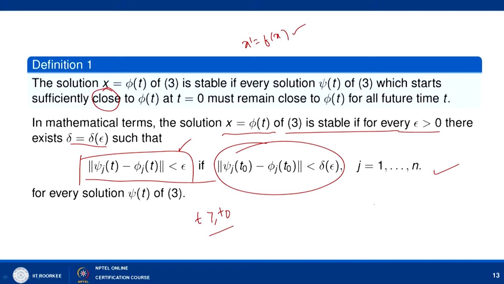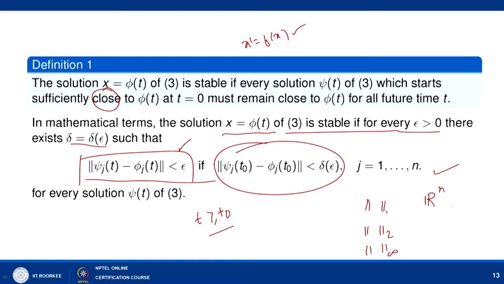Now here this norm is any suitable norm on R of n. As we have discussed, we have different types of norm: norm of 1, norm of 2 and infinity norm. These are the commonly used norms.